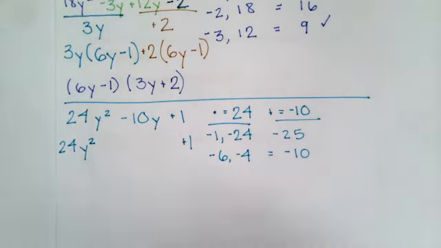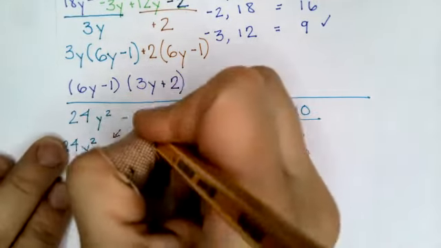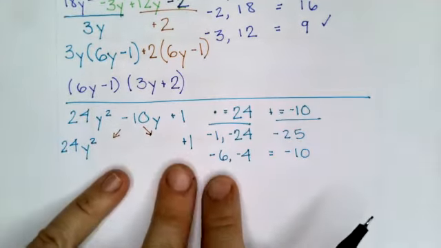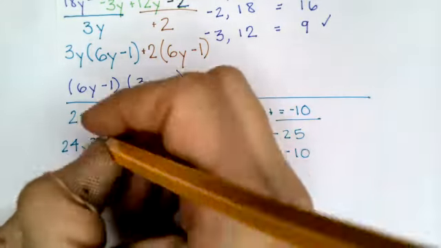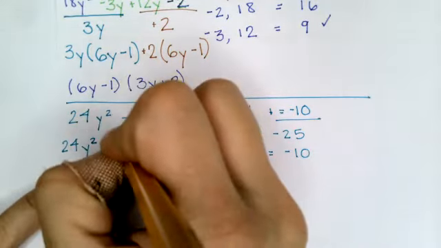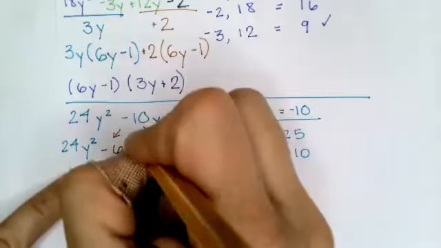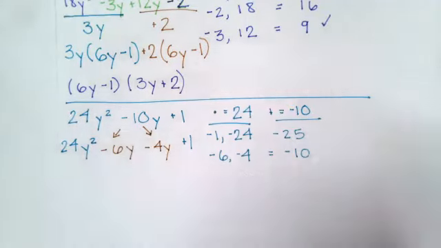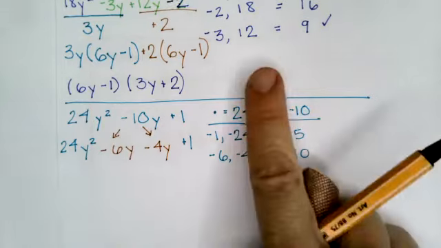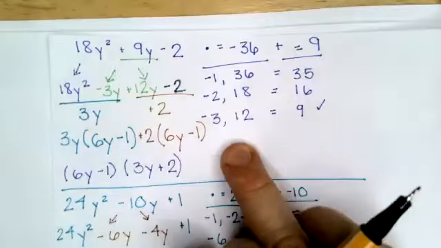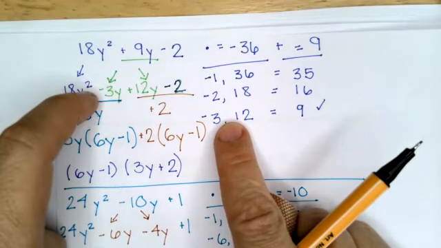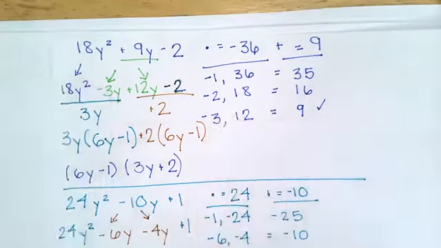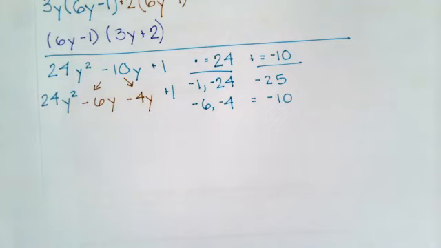And that negative 10y becomes 2 negatives. Again, it doesn't matter, especially because 24 can be divided by 6 and 4. So I'm going to put the negative 6y here and then negative 4y behind it. But if you do see that, like for example, up here, a 2 doesn't really go with a 3, but a 3 goes with an 18. So you can put them in that order if you want to think about it a little bit, but it doesn't matter.